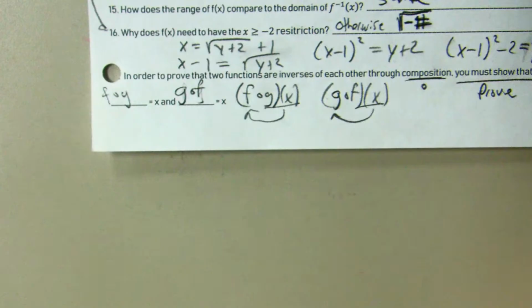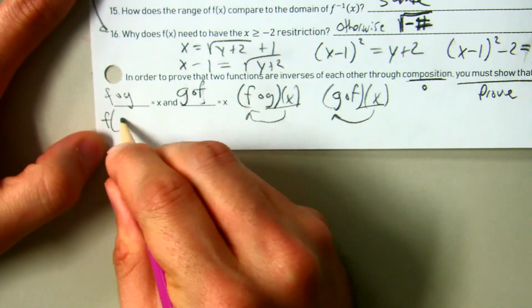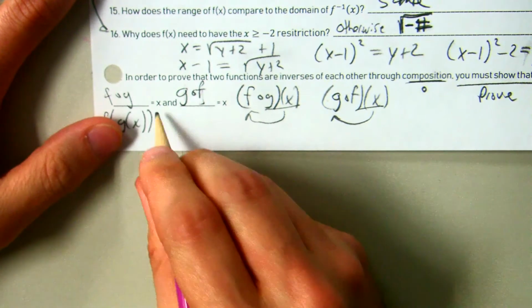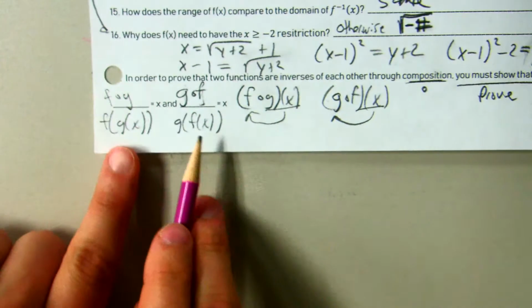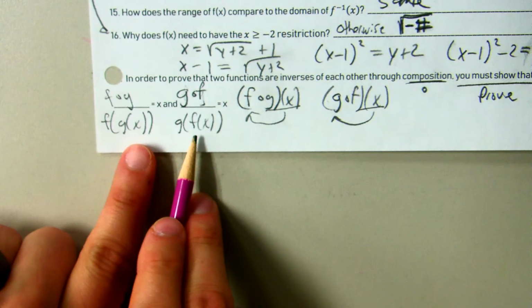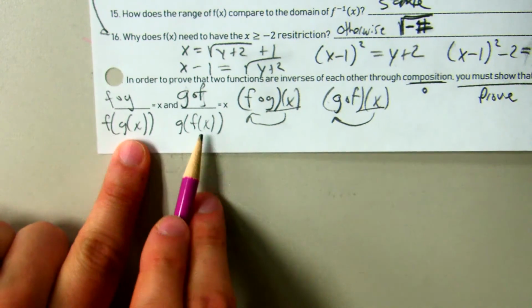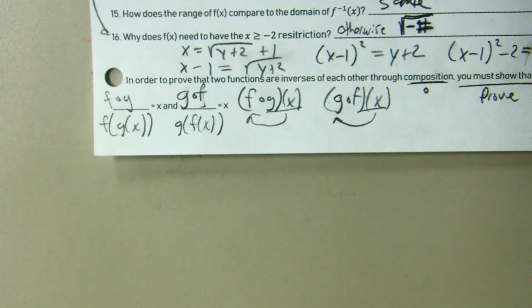You have to say plugging one into the other simplifies to X. Or you can write it like this. If you don't like the composition symbol, you can show that you're plugging G into F this way or F into G that way.